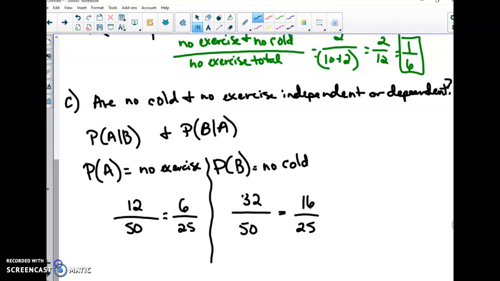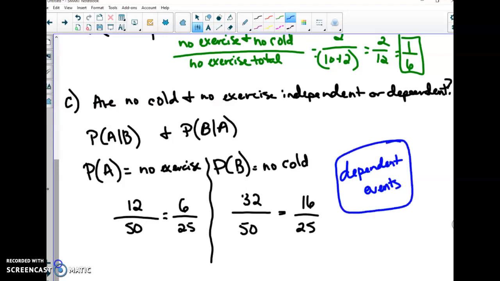Now looking at these probabilities, none of these probabilities are going to equal 1/6 or 1/16. So by default then, we know right now these for sure are dependent events. And that's just by looking at those probabilities. So conditional probability is mainly tied to dependent events. Doesn't have to be, but it's tied to independent or dependent events. And we're just looking at those different probabilities in that sense.